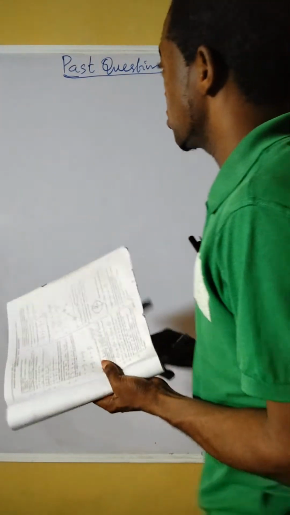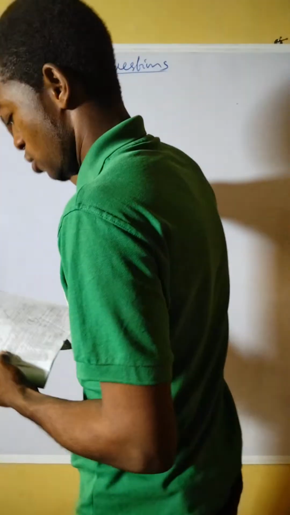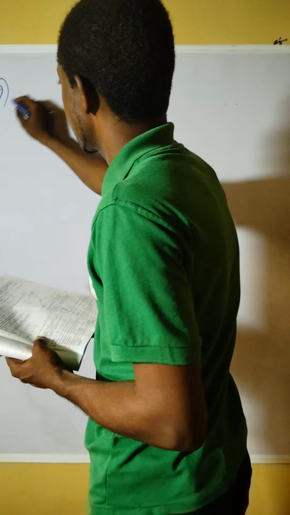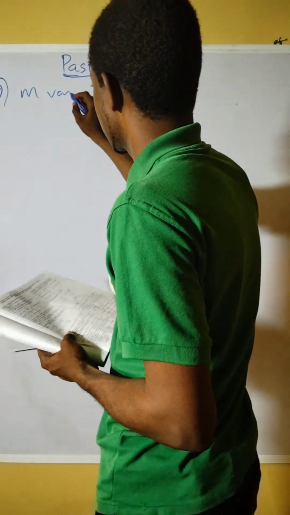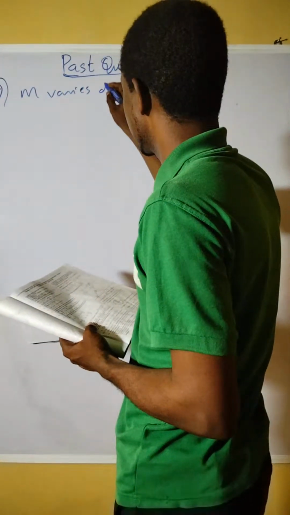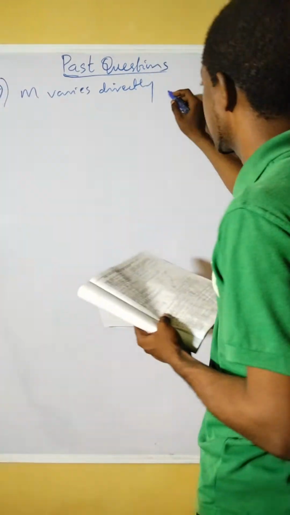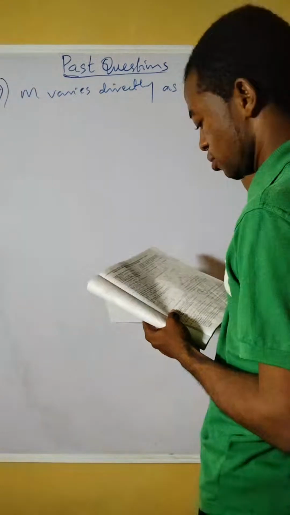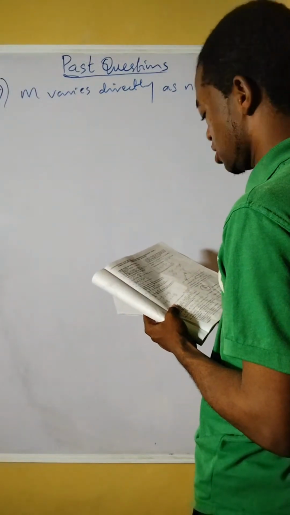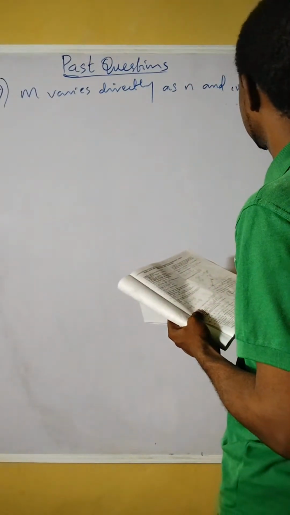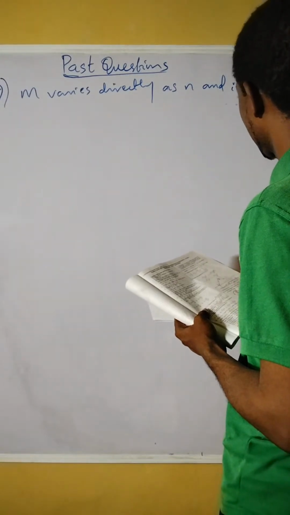So in this question number 9, the question says m varies directly as n and inversely as the square of p.